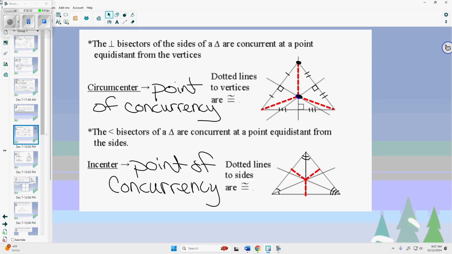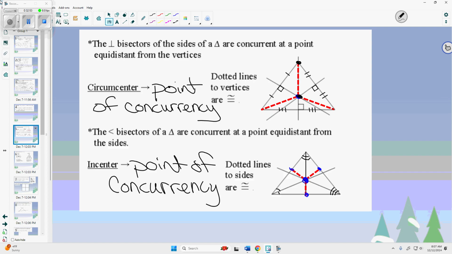So when you look at that picture off to the right, again, the dotted lines are the congruent ones. So going from the incenter to the side, remember we always measure at a perpendicular, these distances are the same. So if I use that as the radius of my circle, where's my circle? Inside the triangle or outside? Inside the triangle, which is what our picture on the next page shows us.